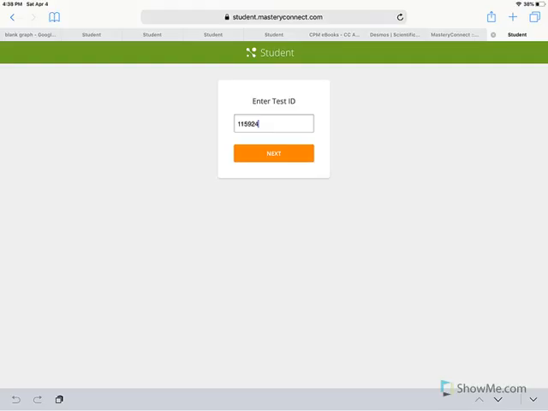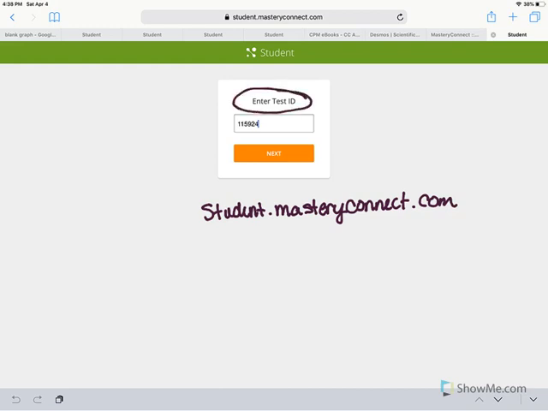I sent you all an individual student ID, and that's what you'll need for Mastery Connect. This first page that it takes you to, when you click that link in the email, which is student.masteryconnect.com, asks you for the test ID.